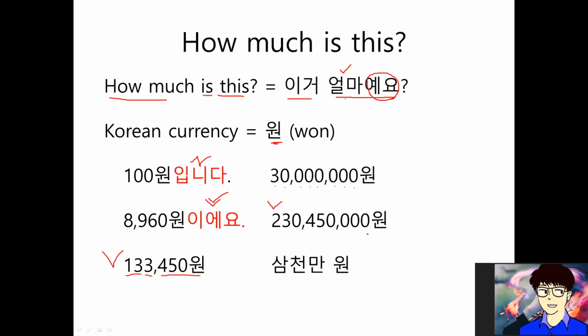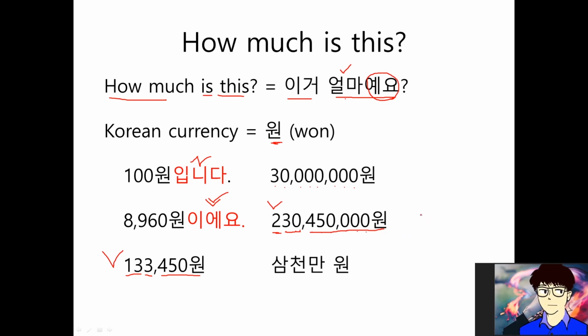Okay, let's try that. 1, 10, 100, 1000, 만, 10만, 100만, 1000만, and 억. Right. So, 2억 3,045만 원입니다. You can follow me, right?